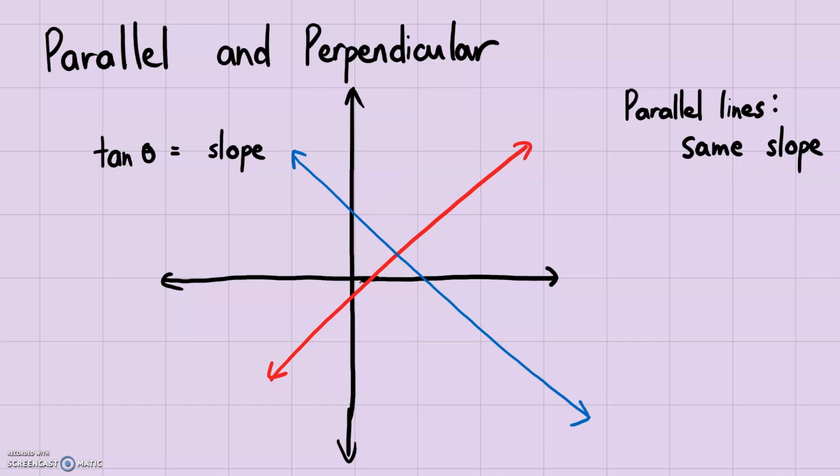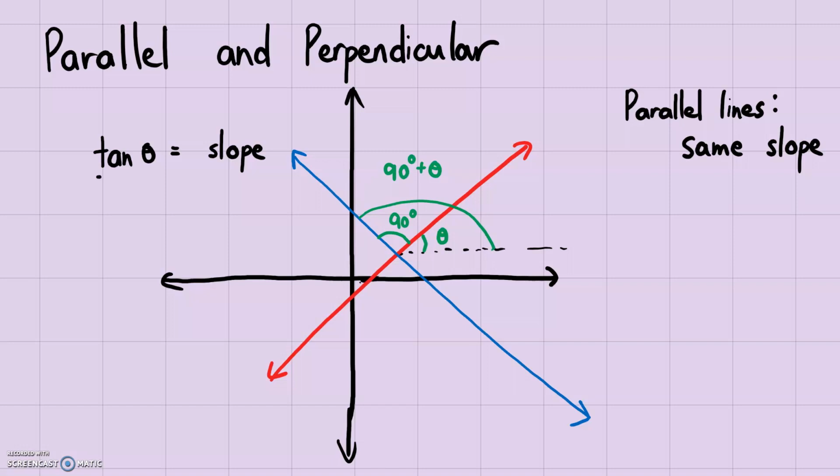Right, so the angle of inclination for this red line right here is going to be that angle. And the angle of inclination for the blue line is going to be this whole angle, but this angle, because they are perpendicular, is 90 degrees. Because the blue and the red are perpendicular. That means the whole angle is going to be 90 degrees plus theta.